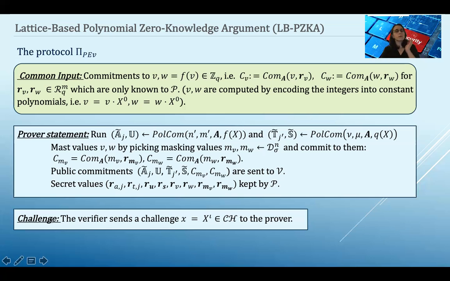Then the verifier sends a challenge to the prover, which is an element from the challenge space. As I mentioned before, we are using a challenge space consisting of 3 monomials: x to the 1, x to the minus 1, and x to the 0, so 1.